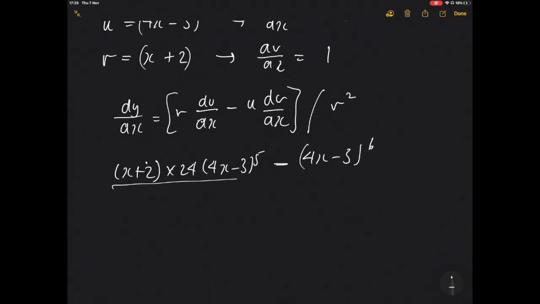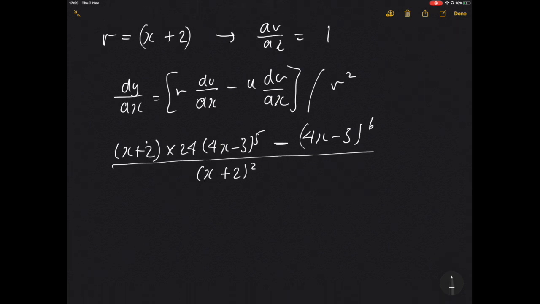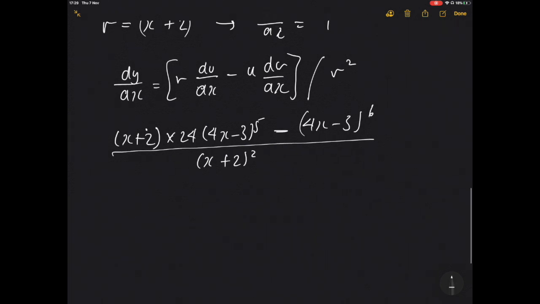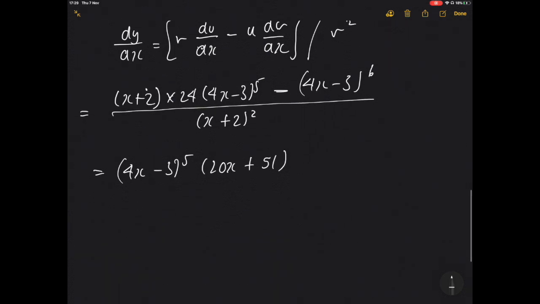This is all going to be divided by v squared, which is (x plus 2) squared. And we can start to neaten that up a little bit, where we take some factors out, and what we would get, that would be (4x minus 3) to the power of 5 times (20x plus 51) all over (x plus 2) squared. So that is the answer to our differential.